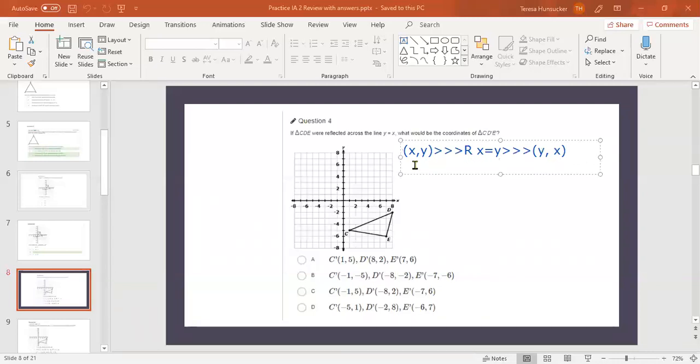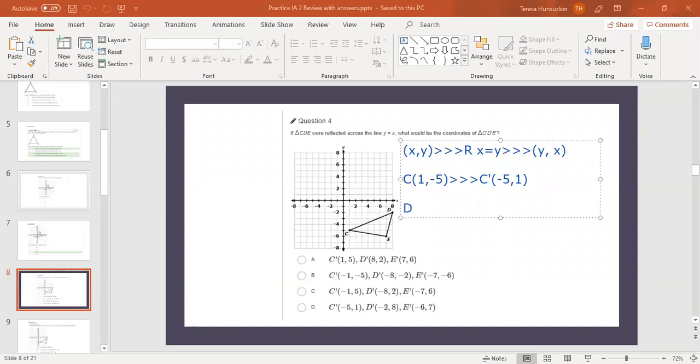Okay, so if we apply that rule to each of the original points, point C is located at (1, -5). We would just merely switch the X and Y coordinates. So C prime would be (-5, 1).